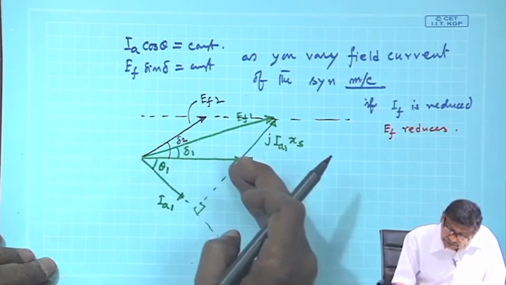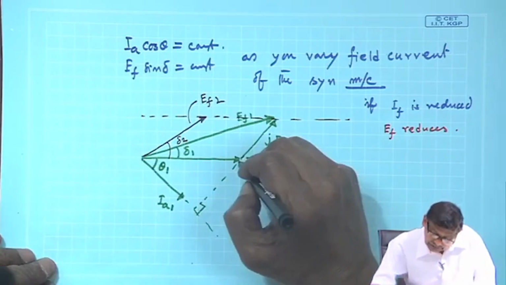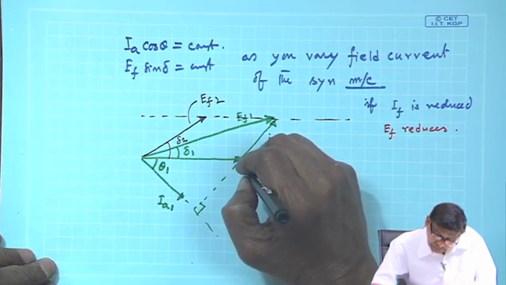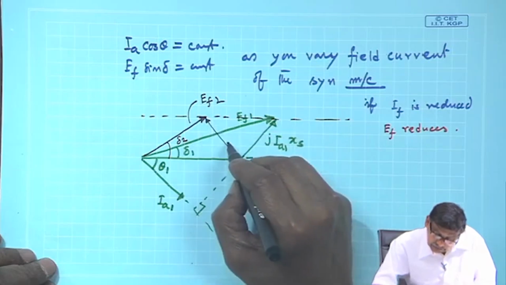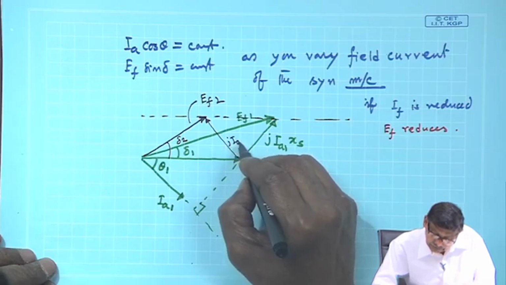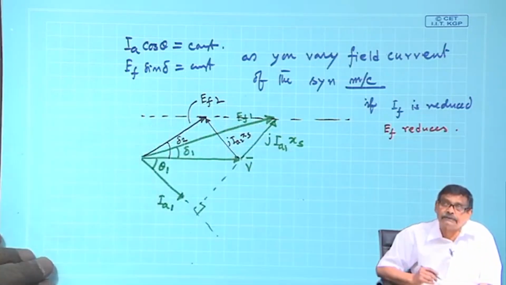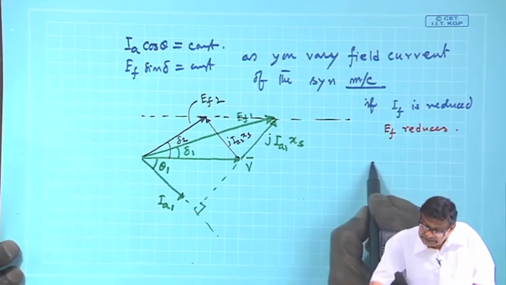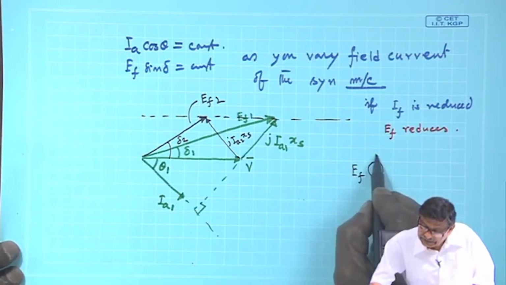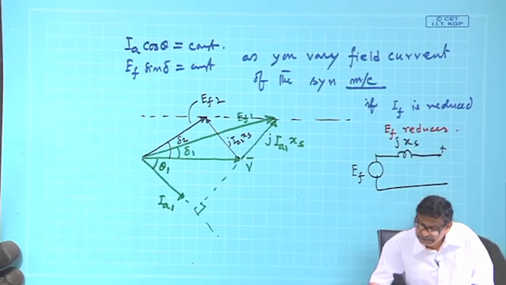Now, if this is your E f2, then V plus j I a2 x s, this point is crucial, this will be your j I a2 x s. You should always draw j x s, and this is V, and this is the direction of I a2.